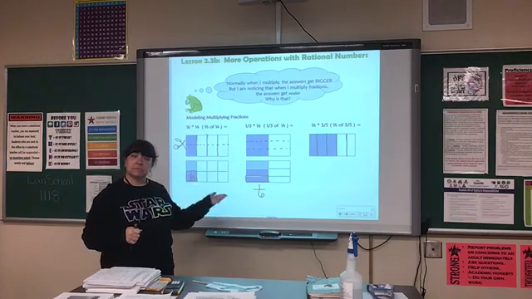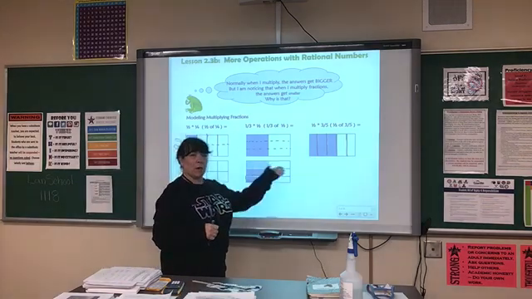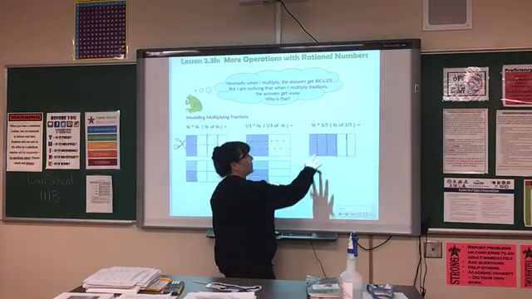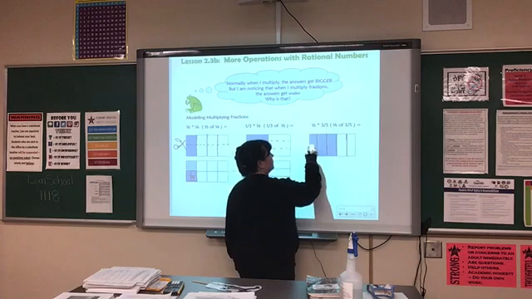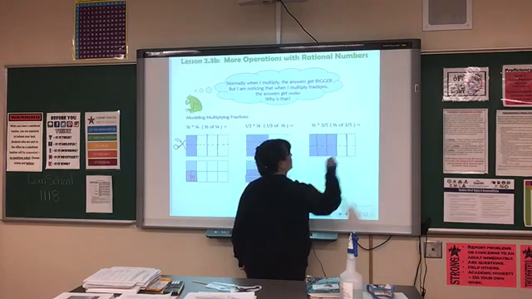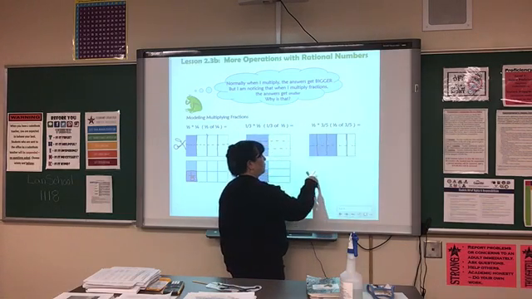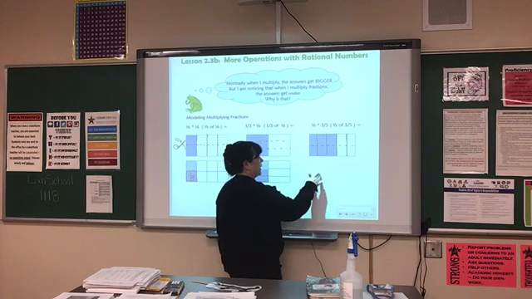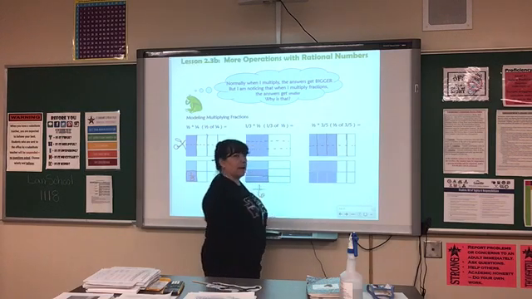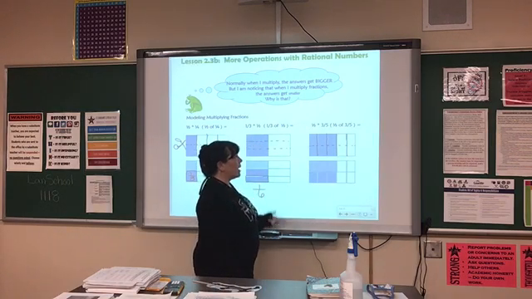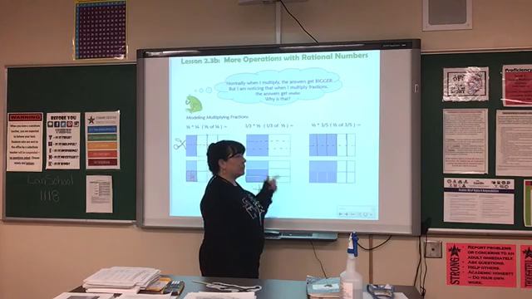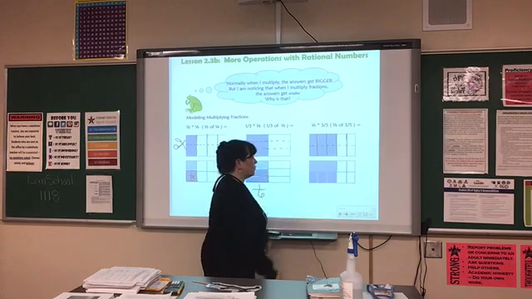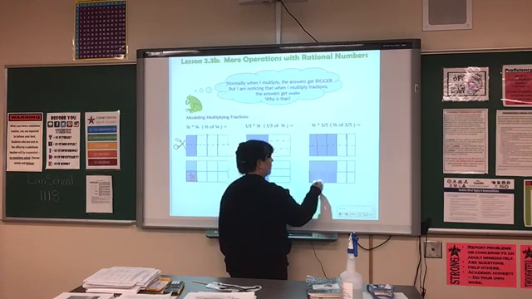That one's easy. I already have fifths. I've got 3 of them shaded. And if I cut it in half, whoa, what happens when I cut it in half? Look at that. Half of the 3/5 ends up being right here.